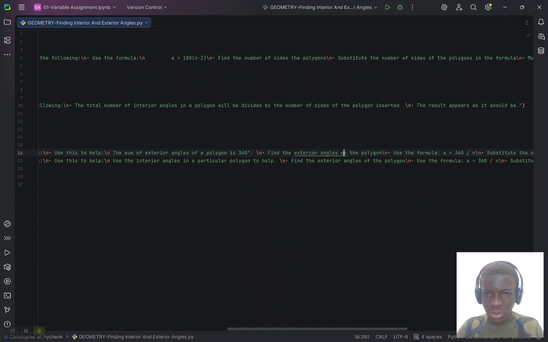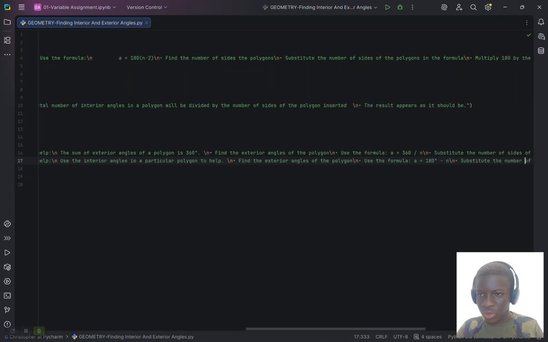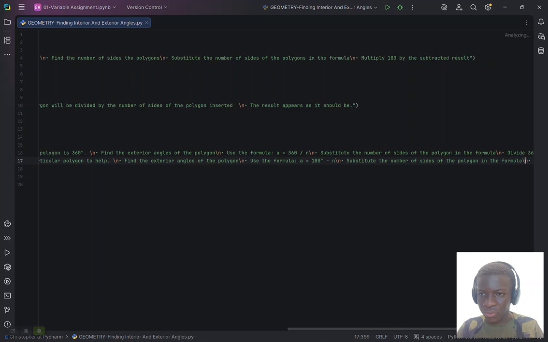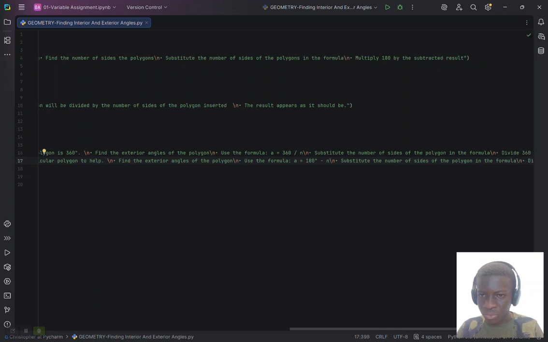The interior angles of the polygon, in the formula, divide. Nope. Then subtract. The job is to subtract here. So subtract 180 from the interior angles and get the result. So here we go.